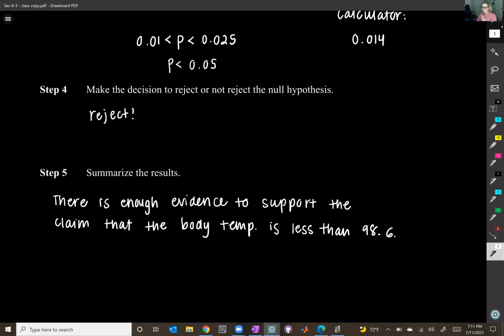Awesome. So we are able to reject the null hypothesis and we can accept the alternative one and say that we do have enough evidence to conclude this.